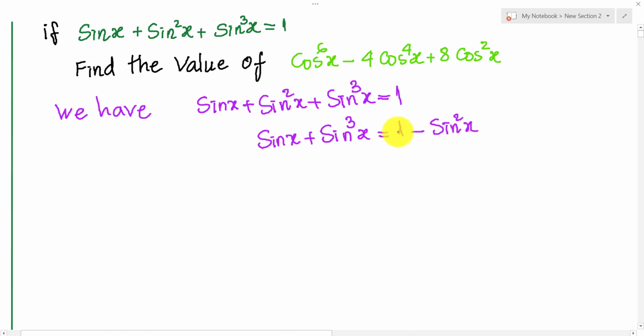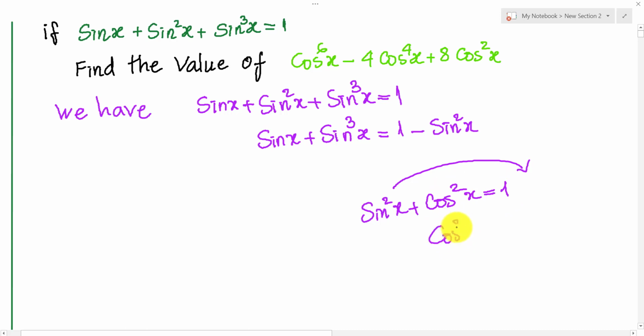We know 1 minus sine square of x is equal to cosine square of x, because sine square of x plus cosine square of x equals 1. So if I move sine square of x to the right-hand side, we can write cosine square of x equals 1 minus sine square of x.